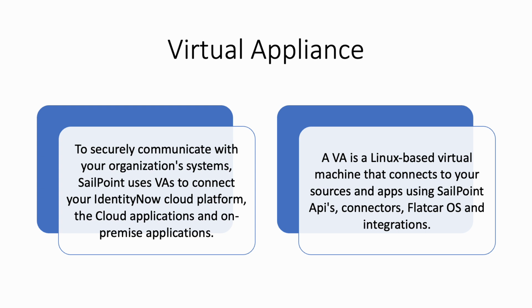The VA runs on Flatcar OS. It is a lightweight and secure operating system optimized for containerized environments, ensuring scalability, security, and efficient operations while facilitating seamless data flows and entity management.